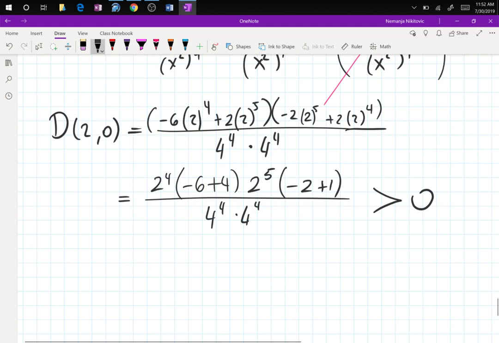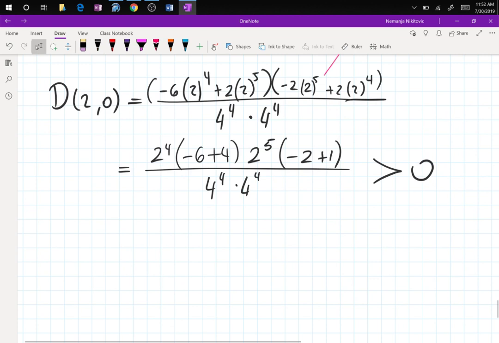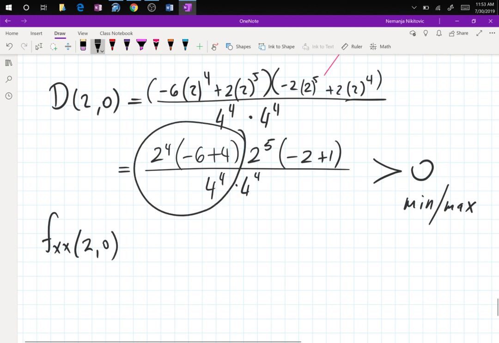So now that we have this, all I need to do is to check if fxx at (2, 0) is smaller or larger than 0. So with this d larger than 0, the problem is either a min or a max. It's definitely not a saddle. So now I need fxx at (2, 0). But that's easy because that's just this term here, fxx, and that's negative. 2 to the 4th, negative 6 plus 4, divided by 4 to the 4 is a negative.